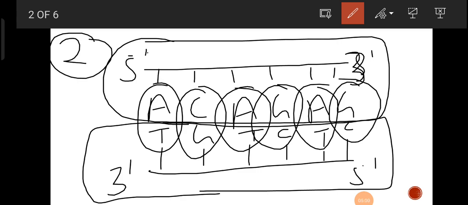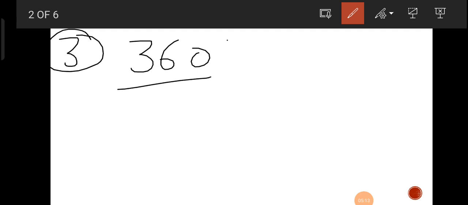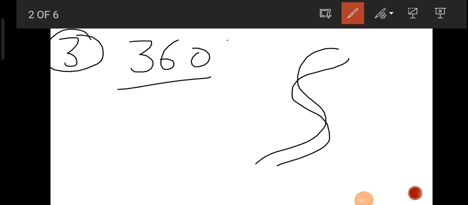Okay, moving to the third feature: DNA becomes double helical because of the rotation of each nucleotide through 360 degrees. As you all know, DNA is helical in structure. Why is this helix formed?